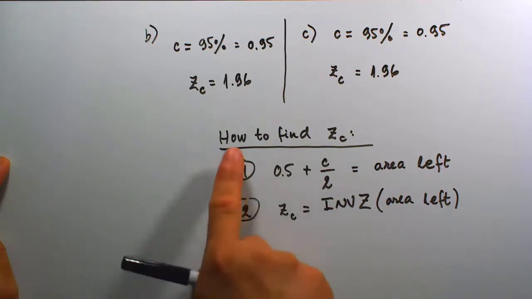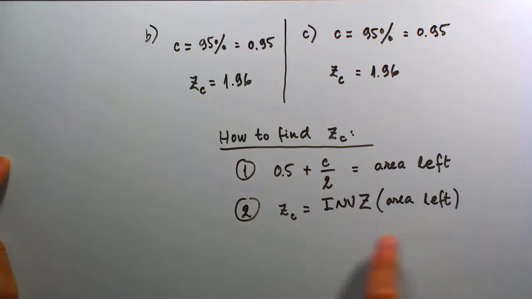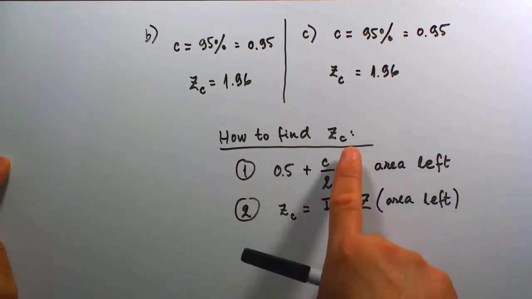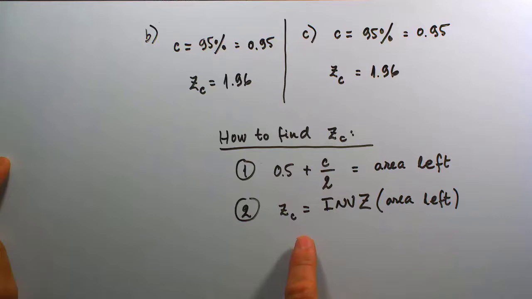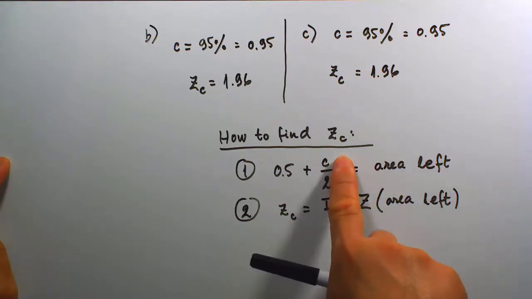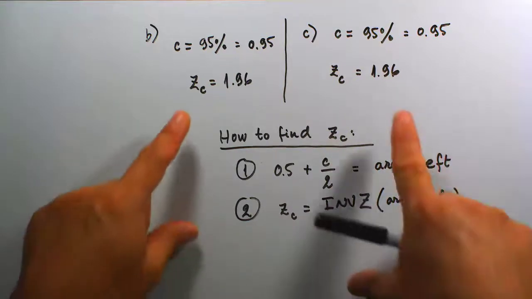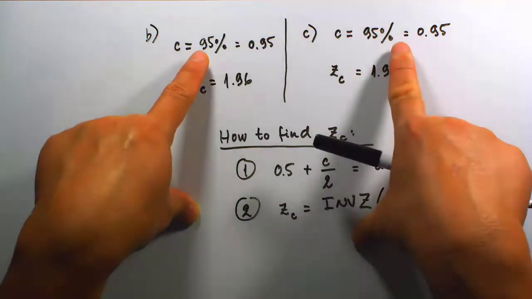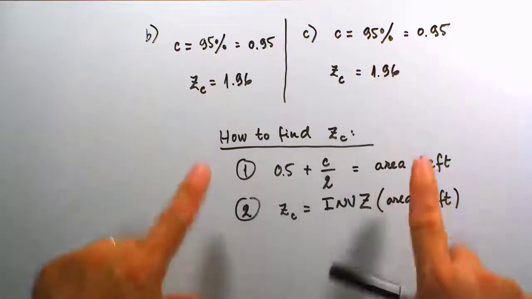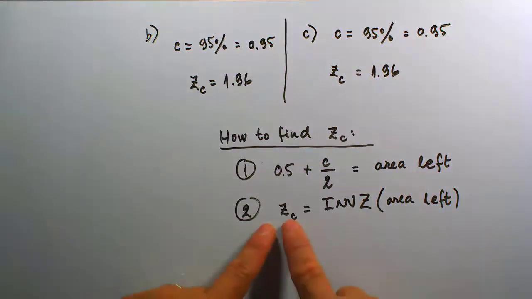So the entire picture showing the steps indicates that finding the z sub c value is only dependent on your c value, your confidence level value. So it makes sense that as long as you stay in the same confidence level, this z sub c will come out exactly the same.